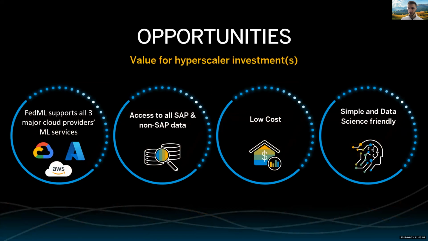But what are the opportunities, especially with FedML? Well, first I must tell you that FedML supports all the major cloud providers: Azure, Google Cloud, AWS. It was written and developed for these hyperscaler services. With DWC, Data Warehouse Cloud's federation architecture, you can access all of your data, both SAP and non-SAP.